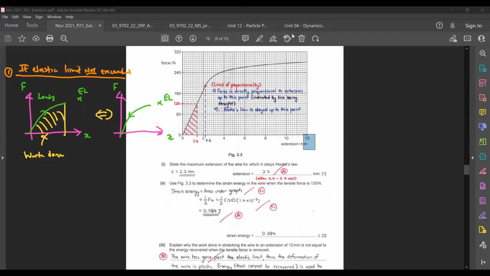So in my case here, when I unload the material, this one is the work recovered. Let me write it properly. This is the work recovered. So in my case, work done is the same as the work recovered. This one was the unloading case.